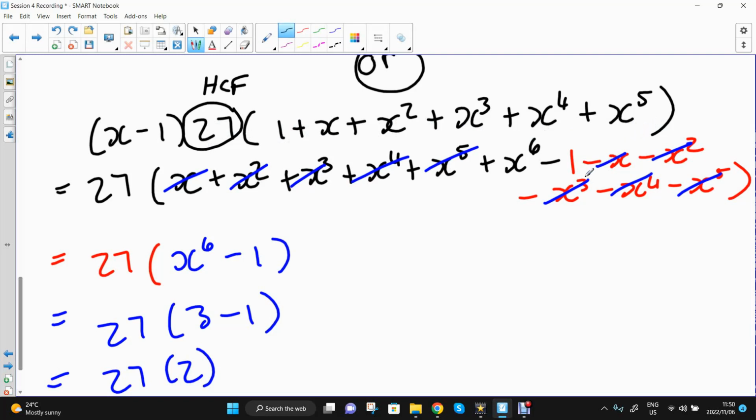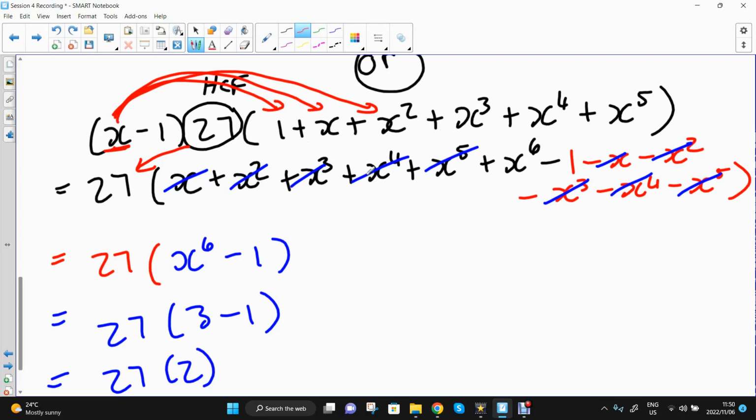And then what we do is we have to times this out. So this takes very long, but the 27 I'm going to write in front, and then this x will be timesed with every single term in that bracket. And that's what I did here. So I said x times 1 is x. X times x is x squared.